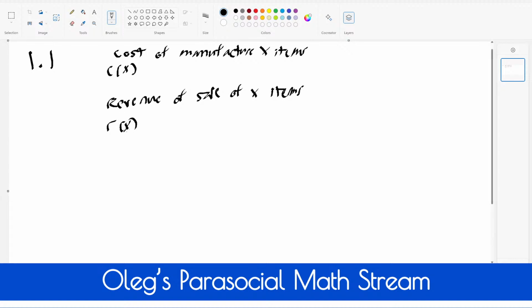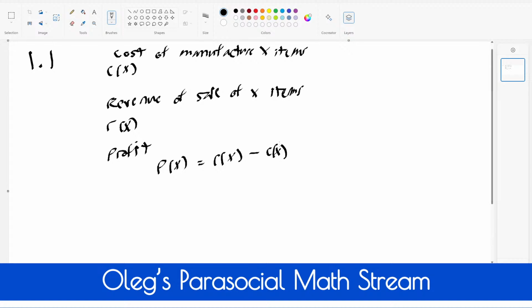These are two functions. So now the profit p of x is equal to r of x, the revenue, minus c of x, the cost of manufacture, okay?